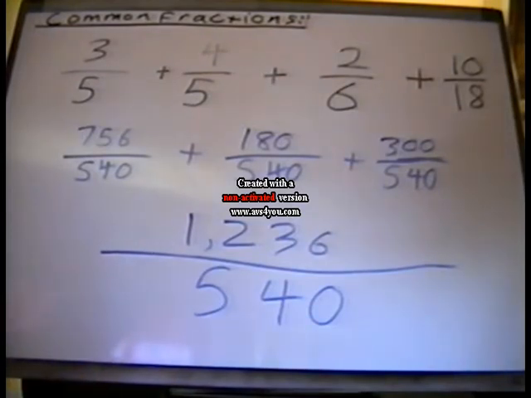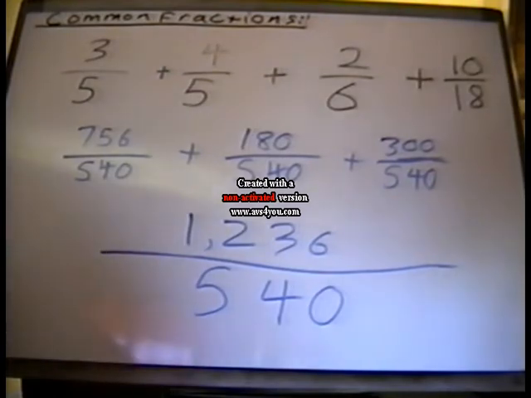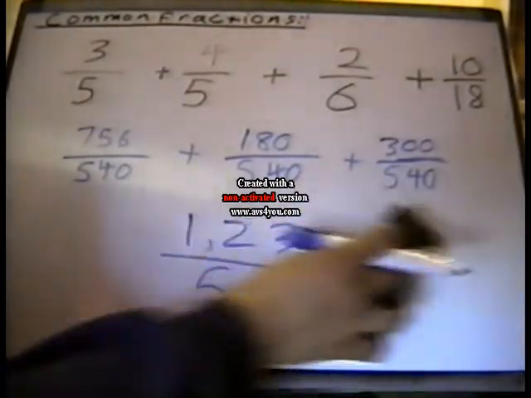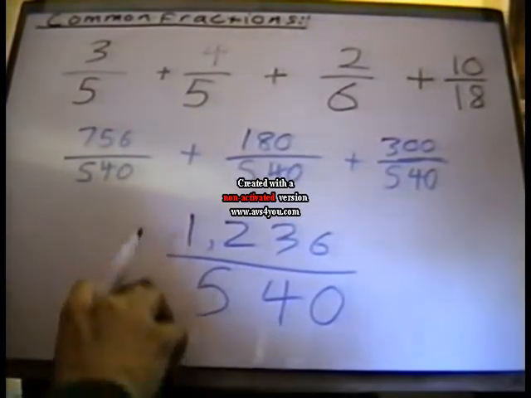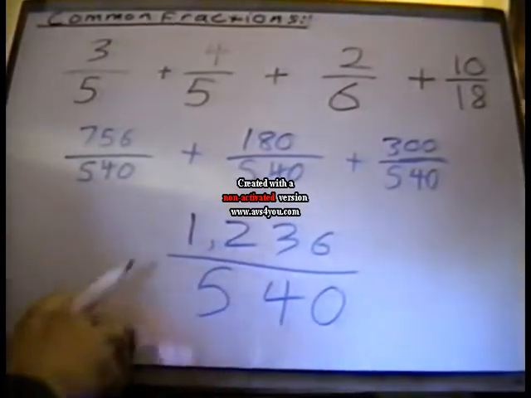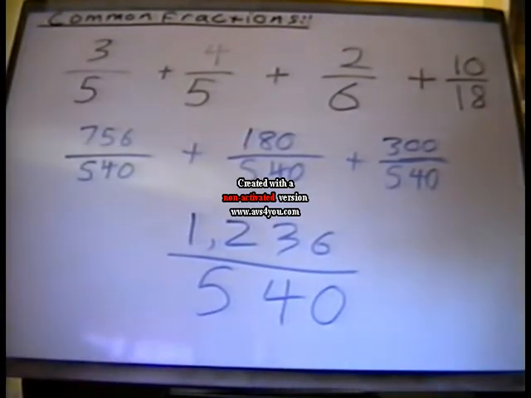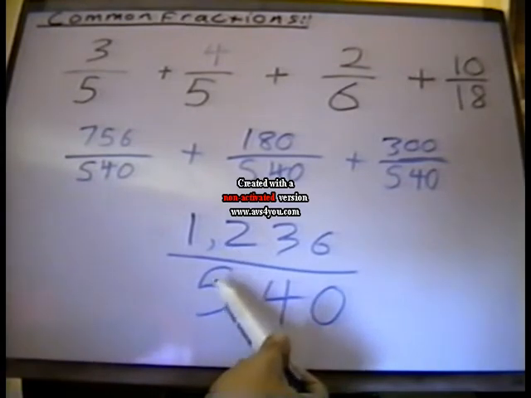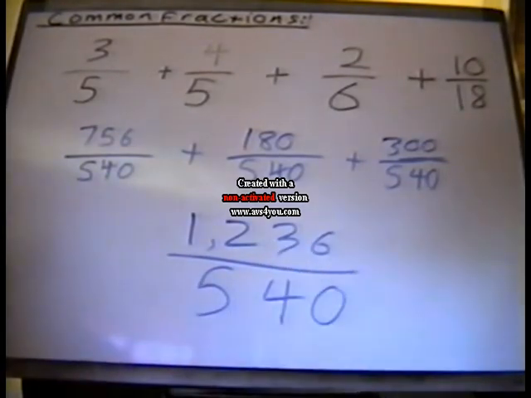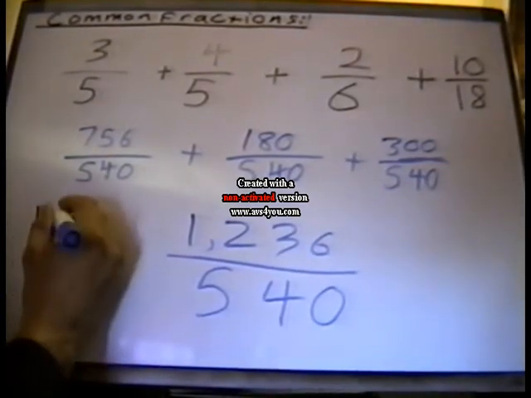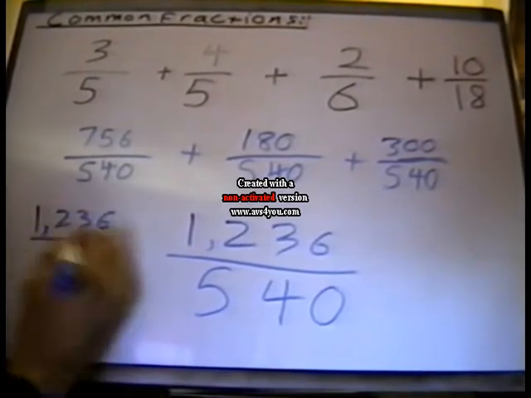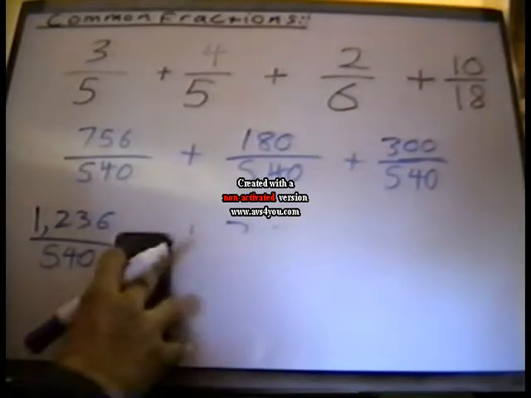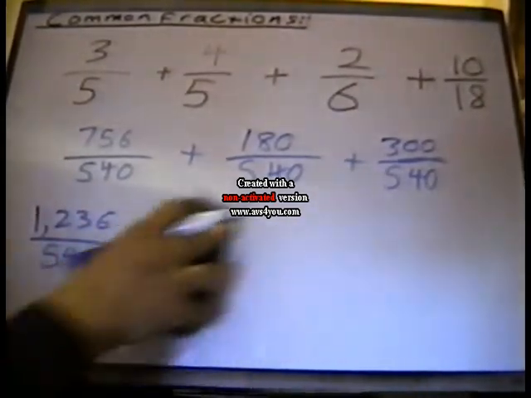Now this is here what we call an improper fraction. It can be reduced. Okay? Now we want to reduce this, 1,236 over 540.